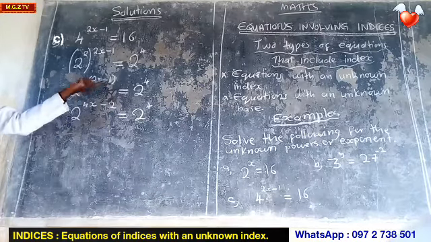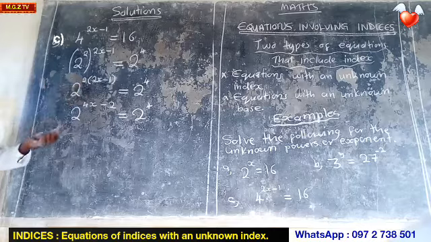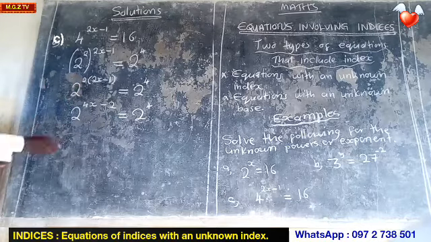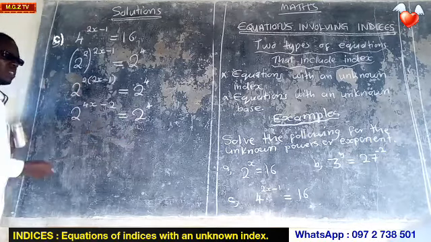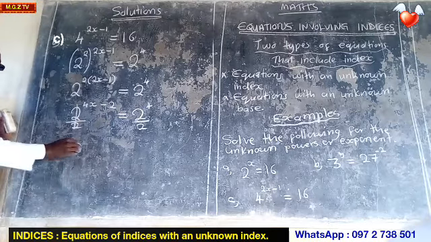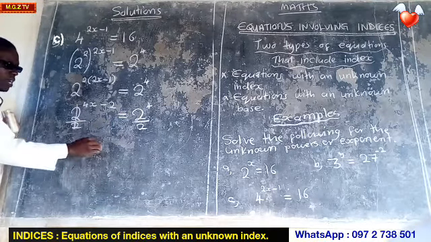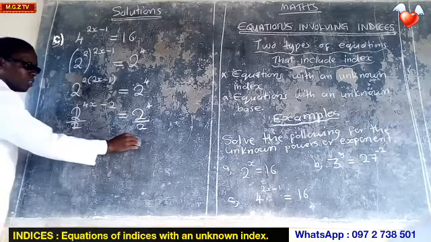What I have done here is remove the brackets. Now that I have equal bases, I can remove them. So that these 2 cancel, I will remain with 4x minus 2 equals. This cancels, I will remain with 4 this side.